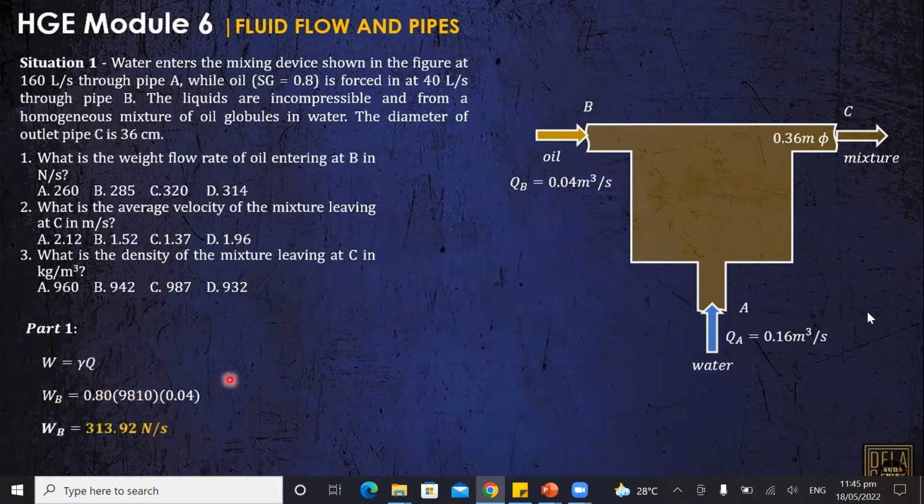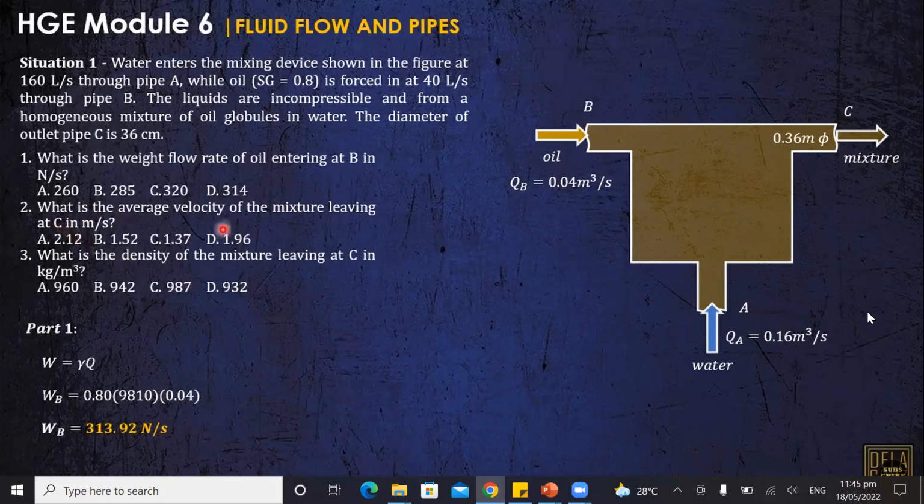Okay, just follow the units. Dapat cancel out. Of course, this unit weight is in newtons per cubic meter, times cubic meters per second. So the cubic meter can be cancelled out. Then yung matitira is newtons per second.